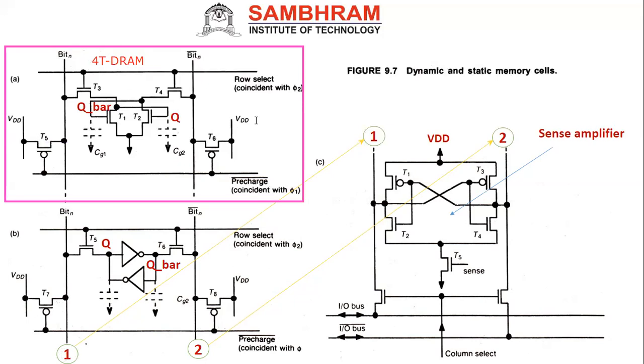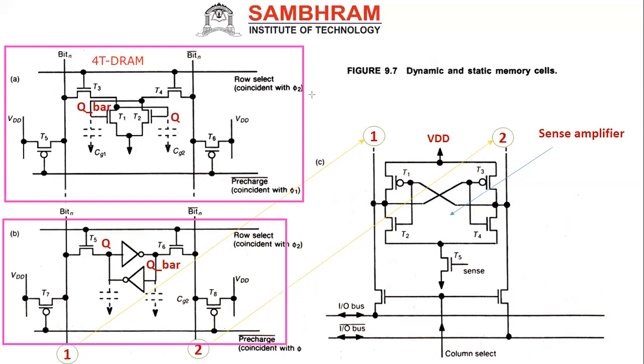Now, if I see this one complete, this is your 6T SRAM actually. That is 6 transistors. You may think, where is 6 and where is 4? Now this complete portion will be a sense amplifier.